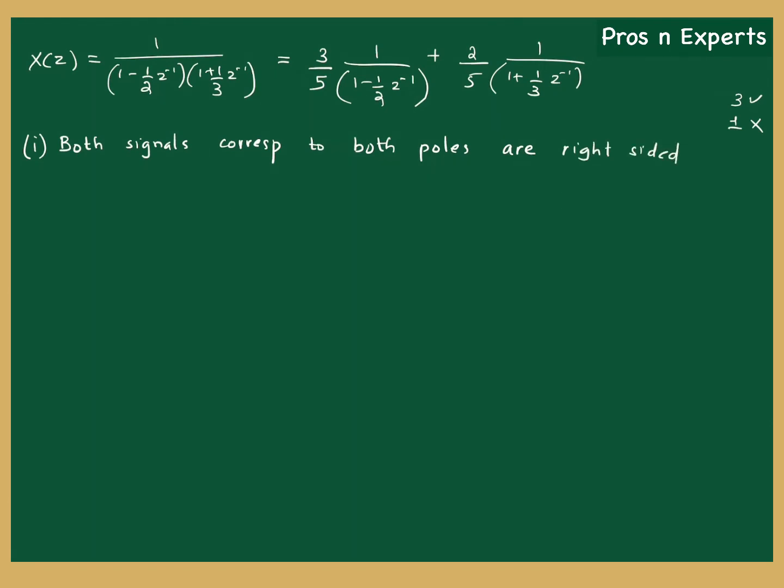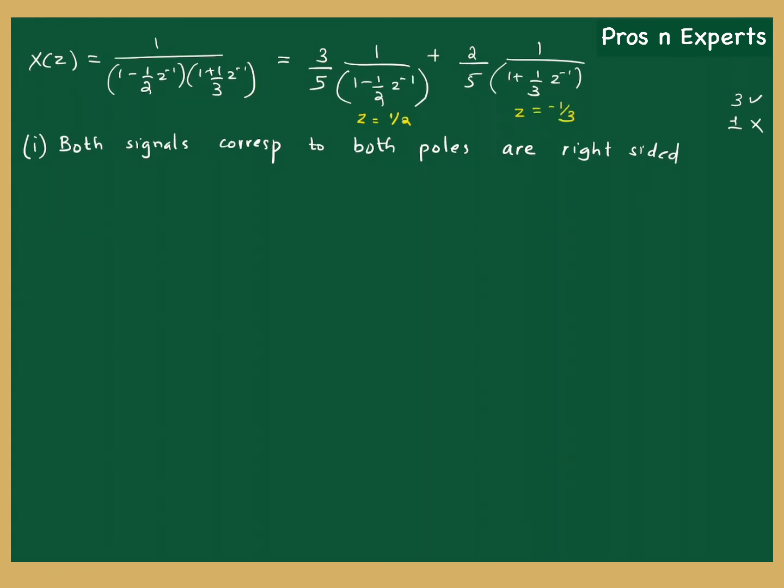Actually, what are the poles here? Here we have two terms and 2 poles corresponding to the 2 terms. And what is the first pole? Z is equal to 1 by 2, right? From this term, z equal to 1 by 2 is the first pole, and from this term, z equal to minus 1 by 3 is the next pole.